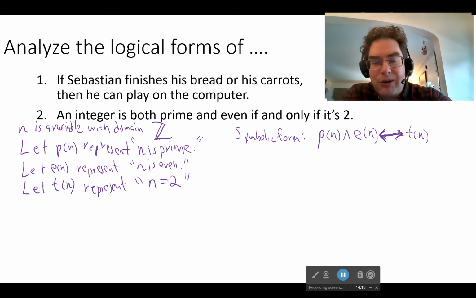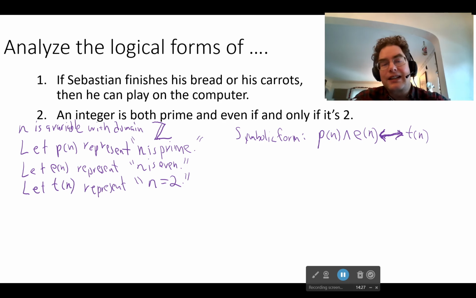Well, same issue as before. We want to indicate the precedence here, and we don't have a comma to help us out this time. But we do have a key signal word that indicates where our conjunction should begin, and that is the word "both." So, an integer is both prime and even. The way that sentence is set up, both prime and even, that really tells us, again, we're requiring 2 things of our integer. These should be grouped together, so we'll put parentheses around P of n and E of n.